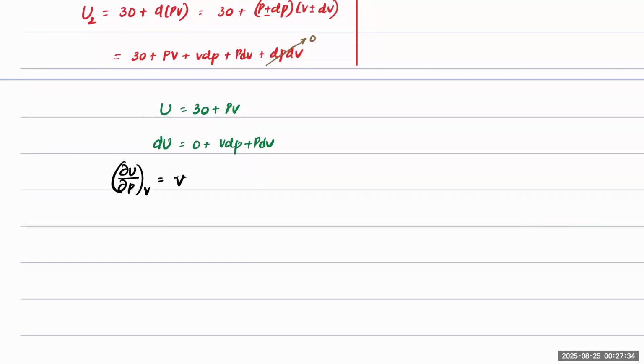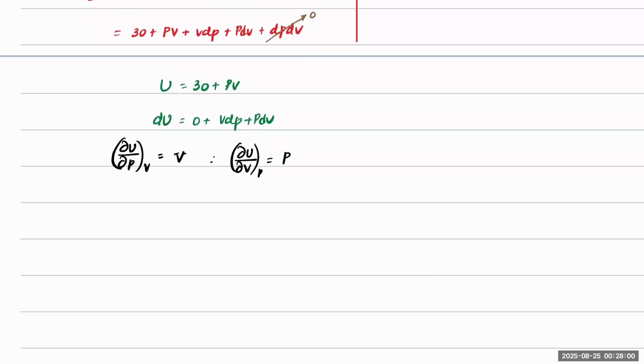Because v into p will be there. So the differential of p, dp by dp, is 1. This one is 0. Similarly, if I write dou u by dou v at constant pressure, it will be equal to p. Correct? Okay. So now what can I write about du?